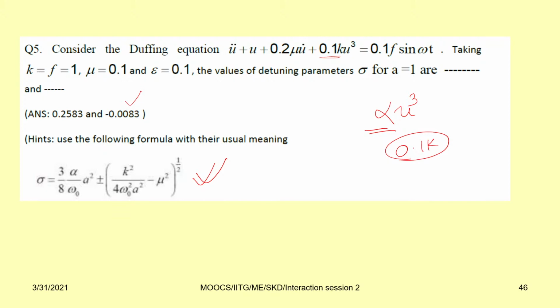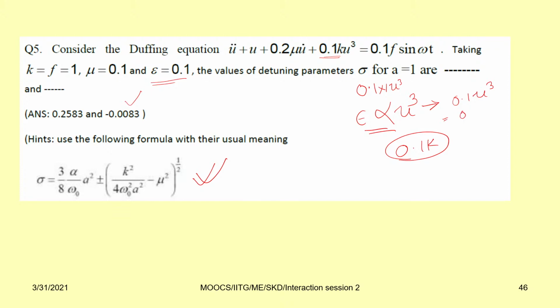Okay, so if you are using epsilon, let me write using this epsilon. Now you write this epsilon alpha u cube. In that case this is equal to 0.1 into 1 u cube. So your epsilon is taken to be 0.1.